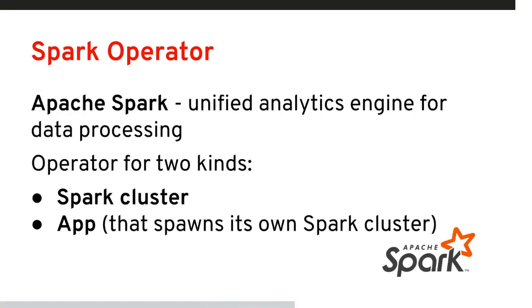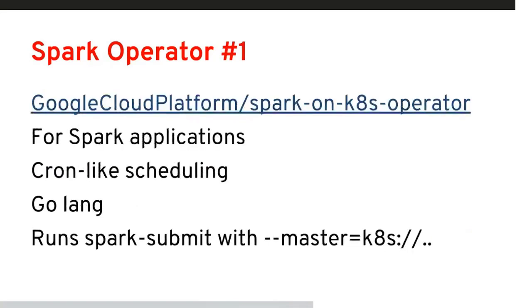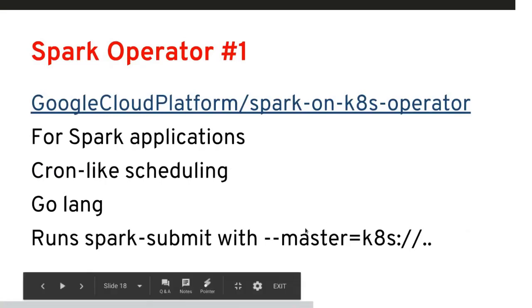These are two different basic strategies, and I'm going to talk about two different operators, of which the first one is from GCP, Google Cloud Platform, and does the second task. It deploys the Spark applications that are capable of deploying Spark clusters using Kubernetes as a scheduling mechanism. So, speaking very low level, it does spark-submit and uses this k8s as a protocol for the Spark master.